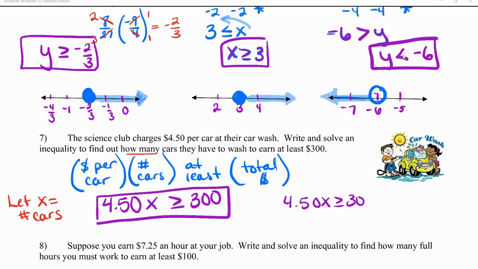And now we want to solve. So we'll divide both sides by 450. And we get x is greater than or equal to 66.7 cars, which means they have to wash at least 67 cars.